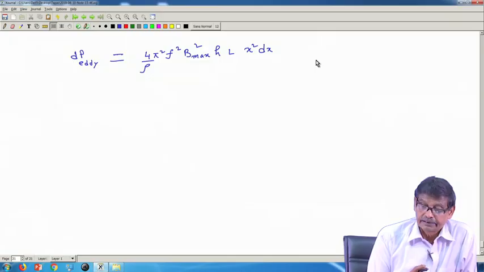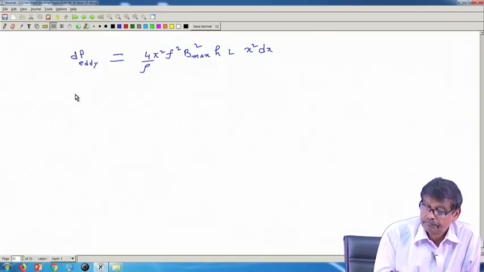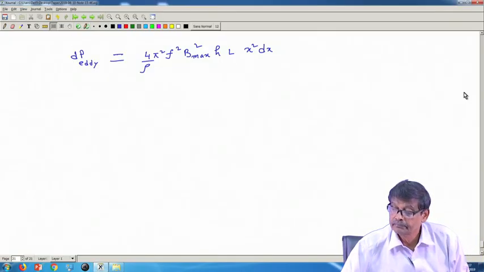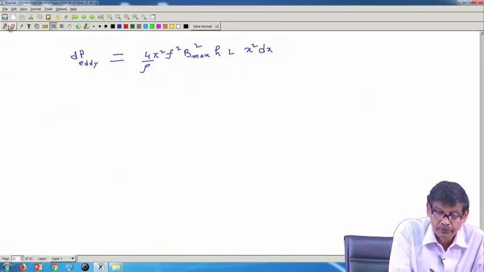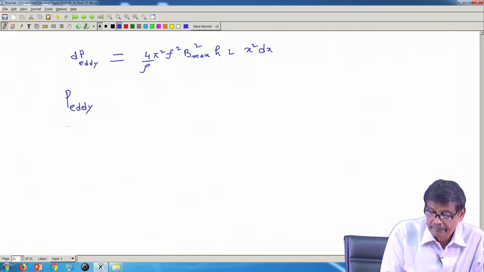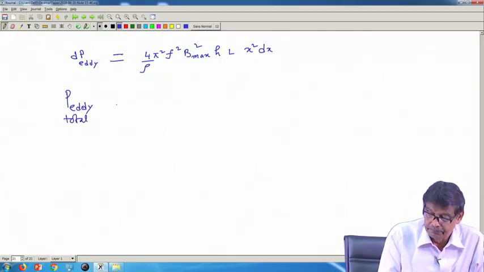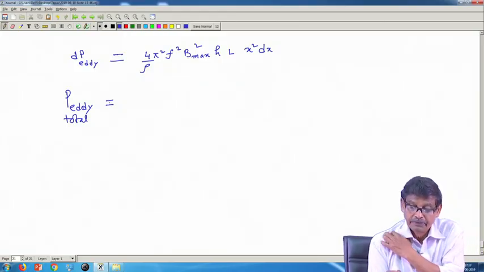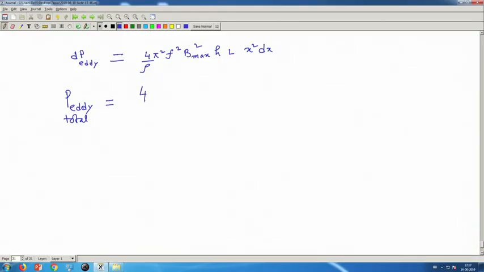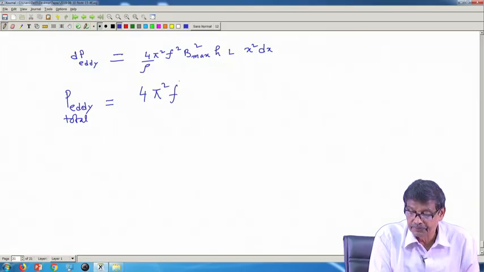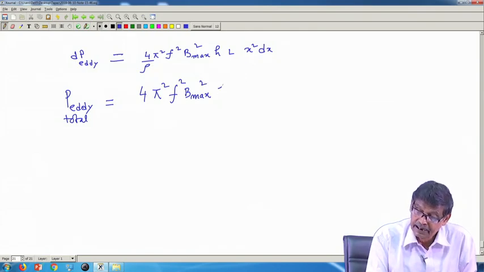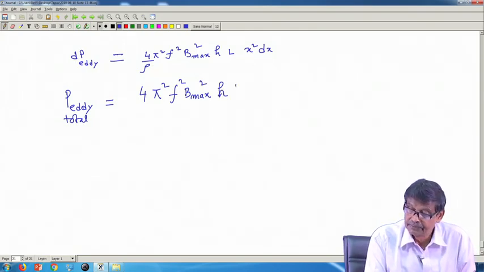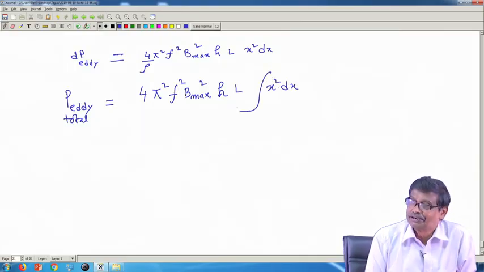Now, the question is how to get P eddy total. So, P eddy total in that plate will be equal to these constants, 4 pi square f square B max square into h into L, and this is x square dx, and this is to be integrated.